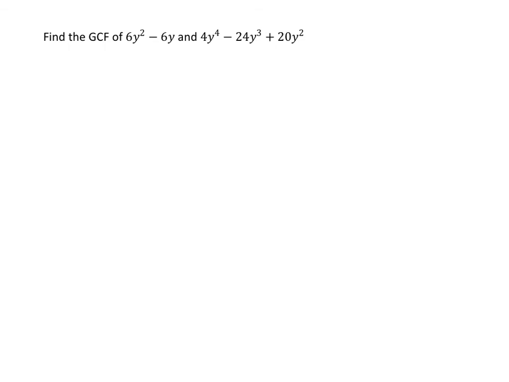Now it is possible to find greatest common factor and least common multiple, not only of terms, but of polynomials. So really I'm looking for just the greatest common factor, and here are my two polynomials. So the first thing I need to do is factor these polynomials.